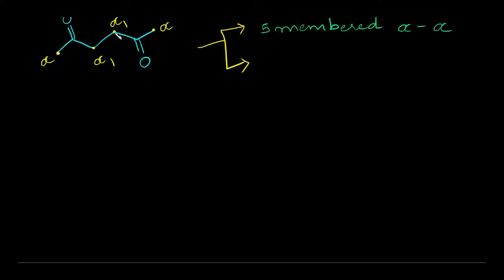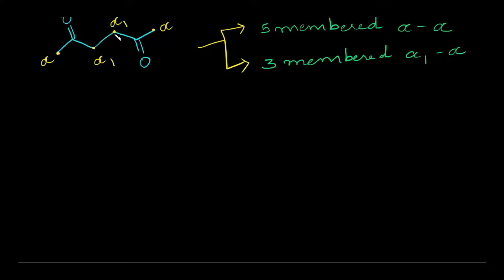Let us check if it is alpha 1: then it will be 1, 2 and 3, a 3 membered ring, starting from here.